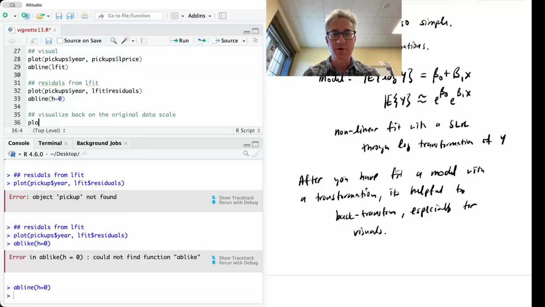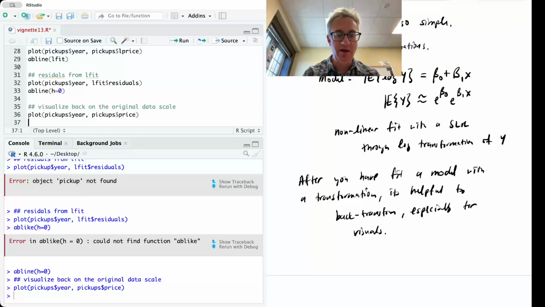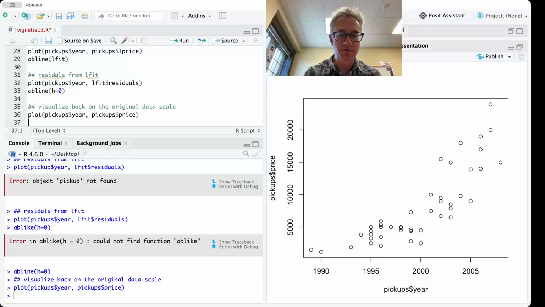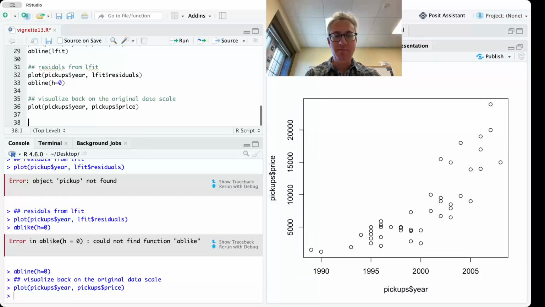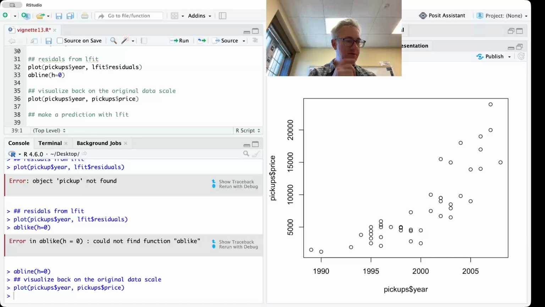Okay, so we can put our plot pickups year, pickups price. Okay, so there's the data. I got to reveal that for you. So we looked at that once before, and now I'm going to make a prediction with LFIT. So what I need to do is I need to make a grid. This is the same way we did prediction in chapter 7.